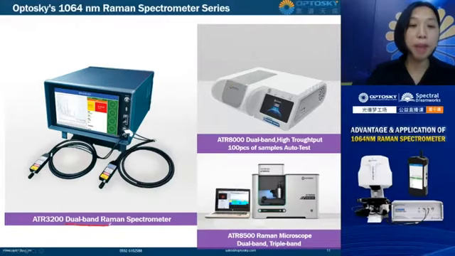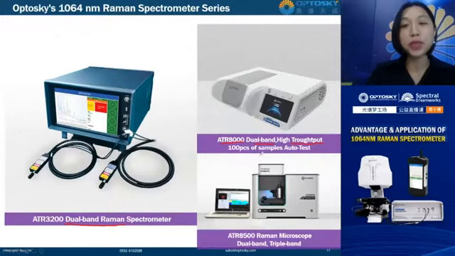AutoSky's dual band Raman spectrometer ATR 3200 also has 1064. We also have the ATR 8000 dual band high throughput Raman spectrometer, which can detect 100 samples after testing. Very unbelievable, and it is a very popular model in China.